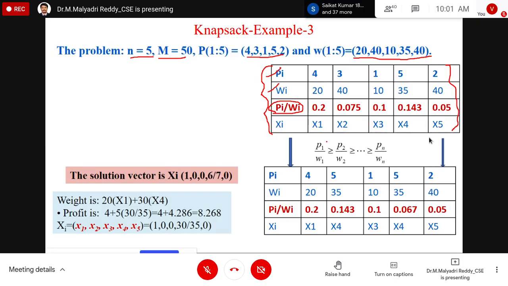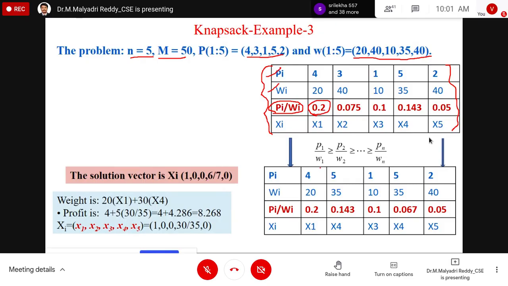According to the algorithm, I need to sort all elements according to the PI by WI ratio. That is nothing but the maximum element kept in the first position. Which one is the maximum? 0.2 is the maximum, right?